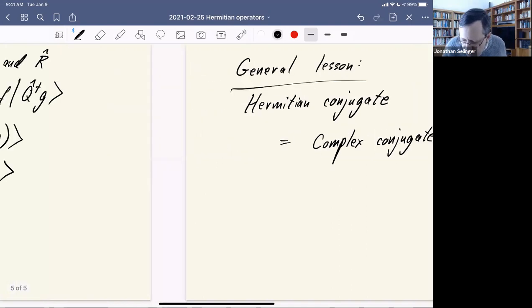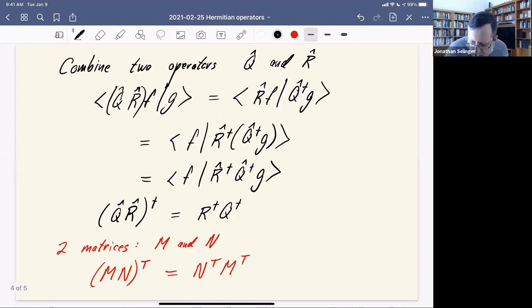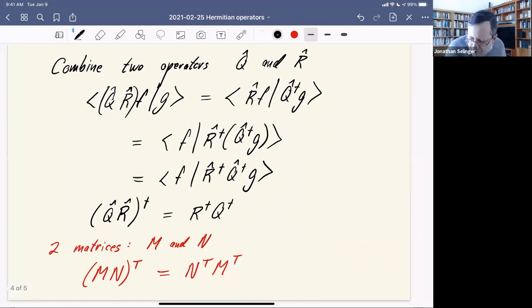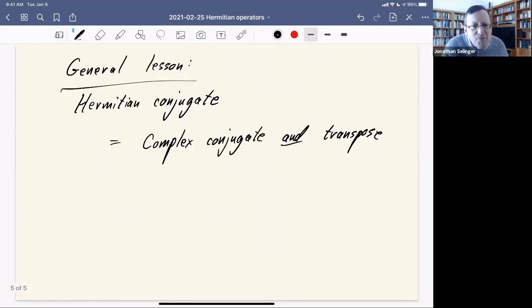This point that I was just illustrating on this slide, of showing that if you have a combination of operators and you do a Hermitian conjugate, you need to switch the order. That's the transpose part. But also, I showed you that if you're multiplying by i, it changes to multiplying by negative i.